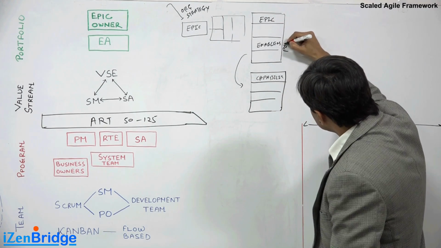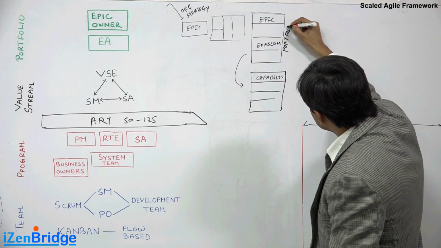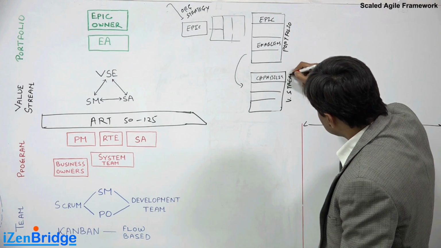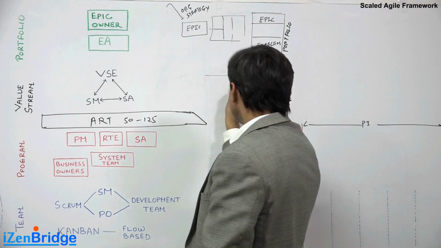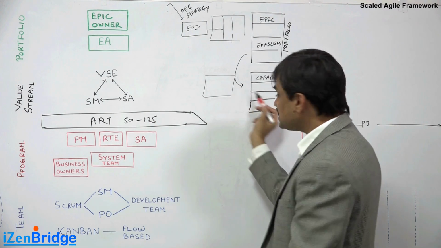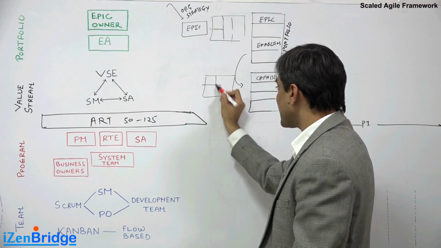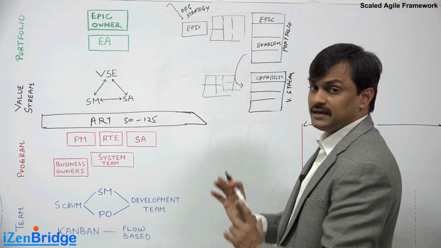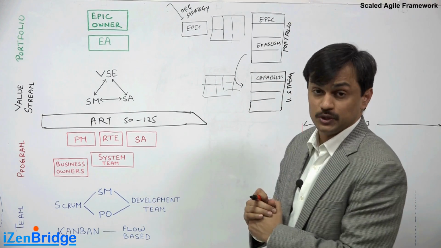Here you have a portfolio backlog, and here you have a value stream backlog. Items before reaching the value stream backlog also go through a Kanban process to ensure they are well defined as per the expectations at the value stream.